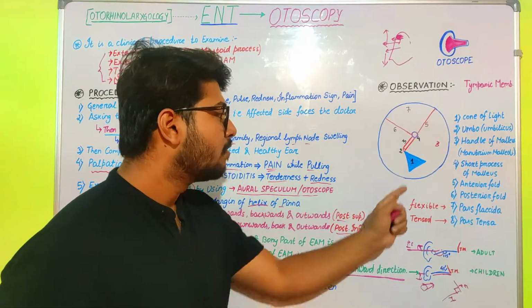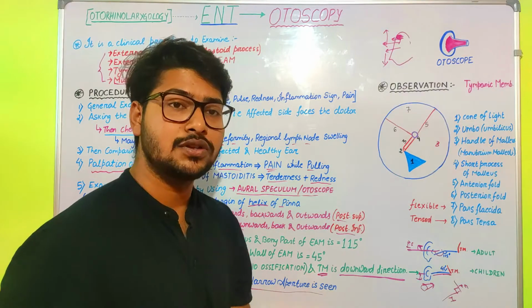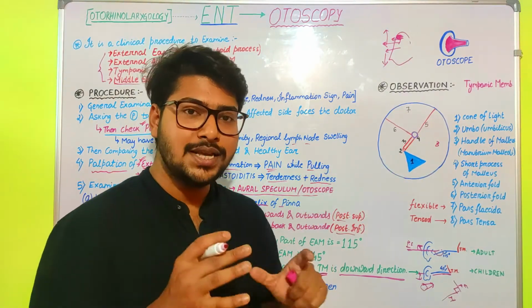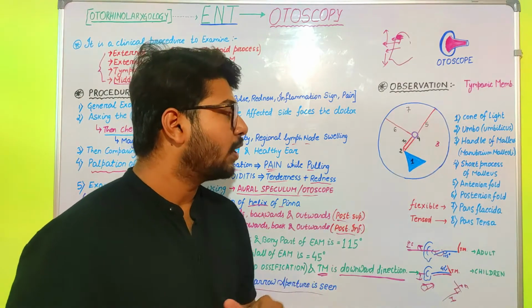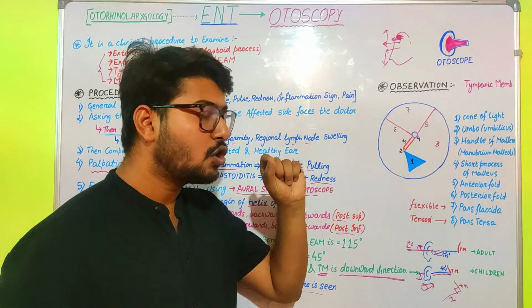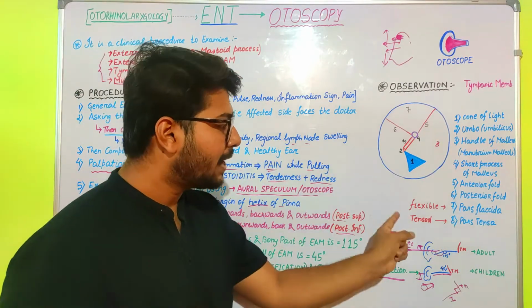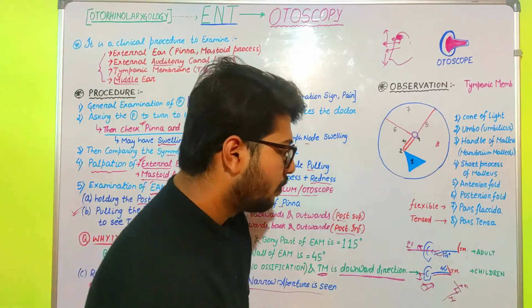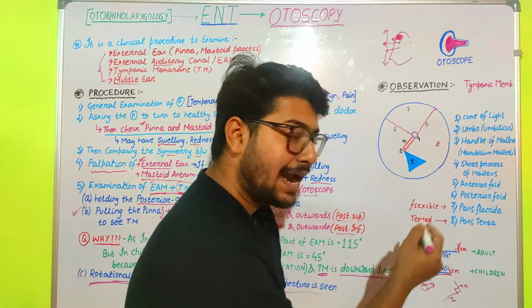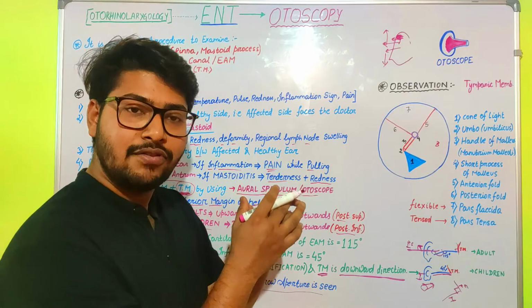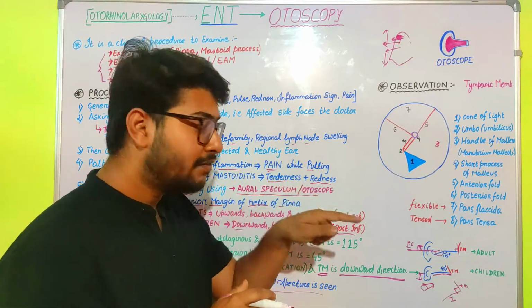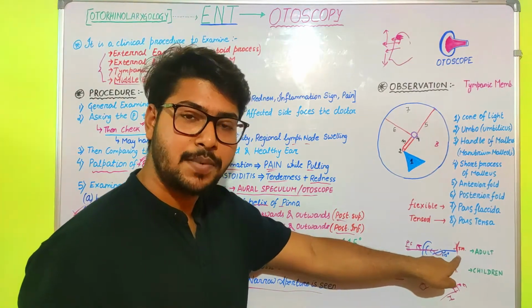So what are these? First, this triangle that you see in the tympanic membrane through the otoscope is the cone of light. What is that cone of light? When we pull the ear, the tympanic membrane almost makes 90 degrees. So the anterior inferior quadrant of the tympanic membrane makes 90 degrees with the inferior wall of the external acoustic meatus.